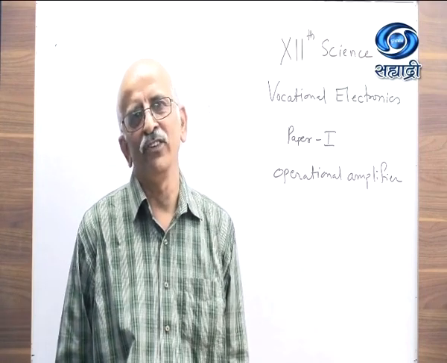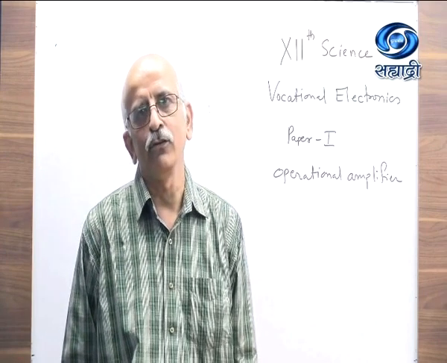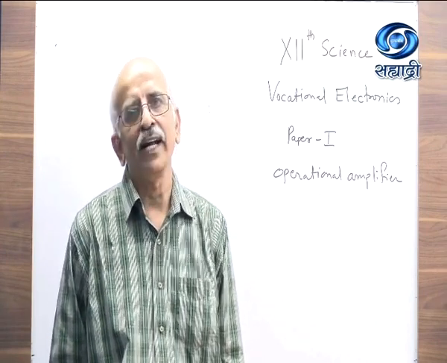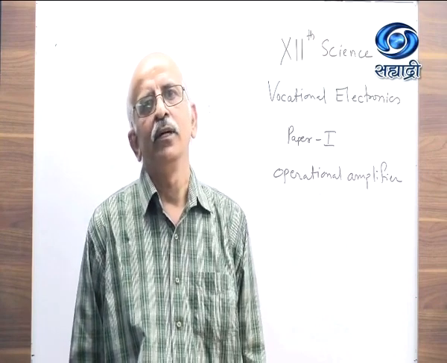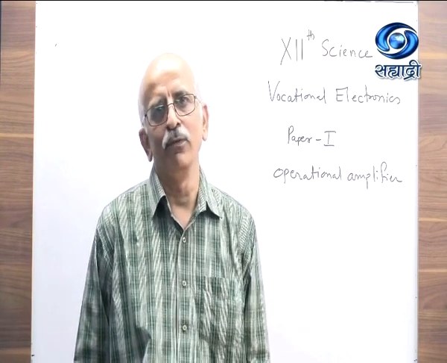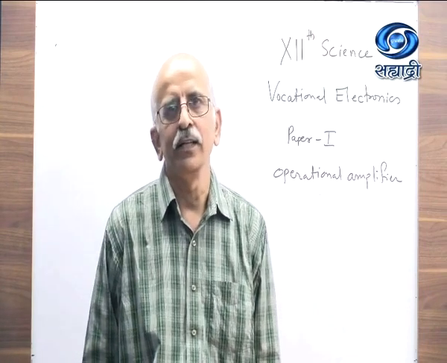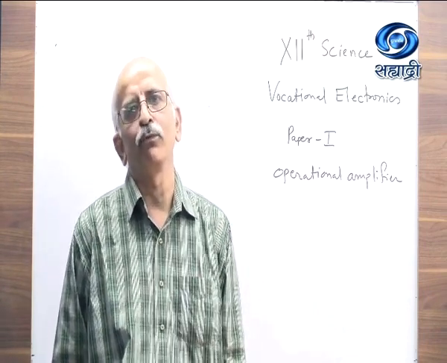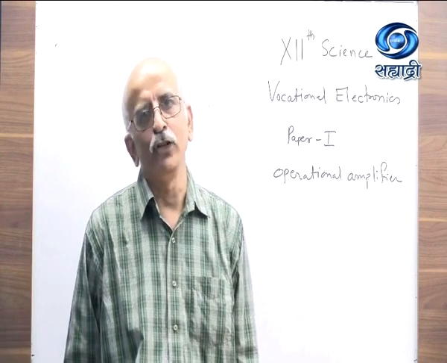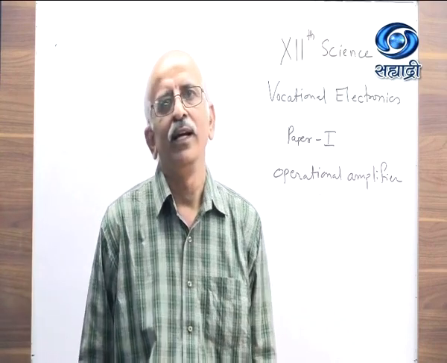Why dual power supply is necessary in this circuit, that also we have seen. After that, we have seen some parameters of operational amplifier such as input bias current, input offset voltage, output offset voltage, frequency response, and few more.